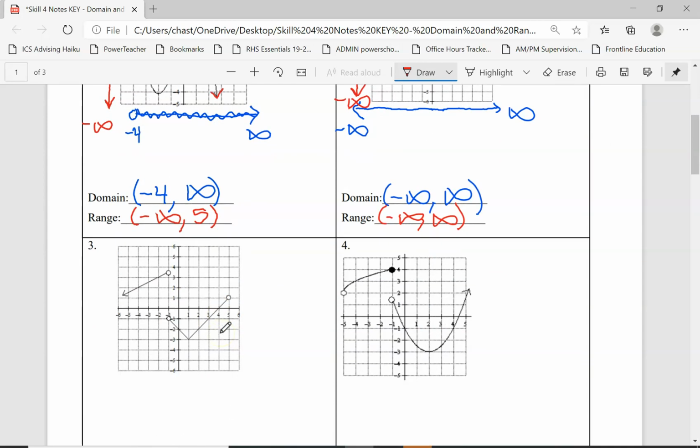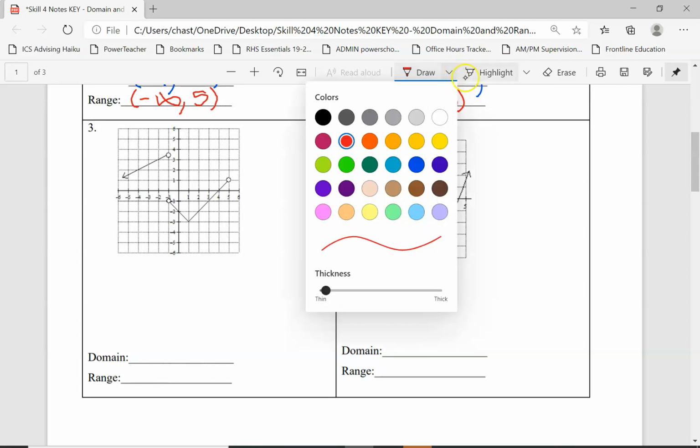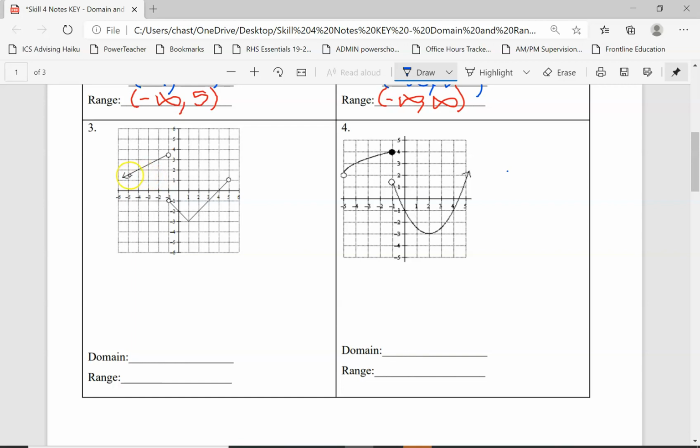All right, now we're going to take a look at 2 more intricate graphs here. Again, we'll start with domain. When I look at domain, notice this arrow here. So this is going forever down and to the left. So there is no beginning in terms of domain. Now the graph definitely does not continue on to the right, and there is no arrow over here.